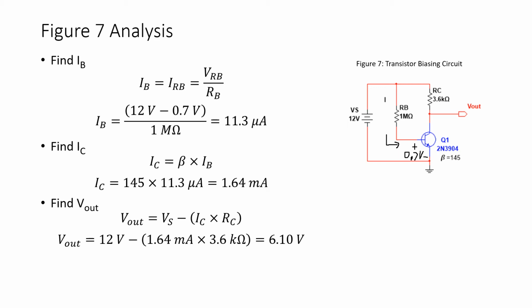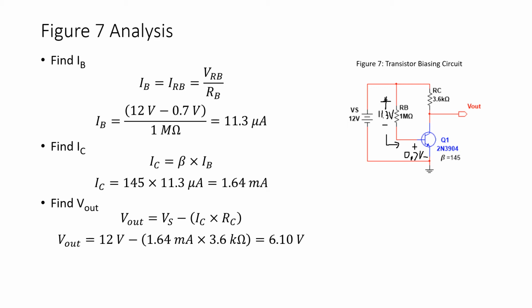Again, I'll have 11.3 volts dropped here, and 11.3 volts divided by 1 megohm gives us 11.3 microamps.